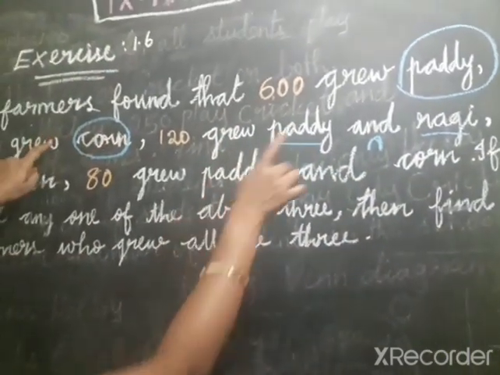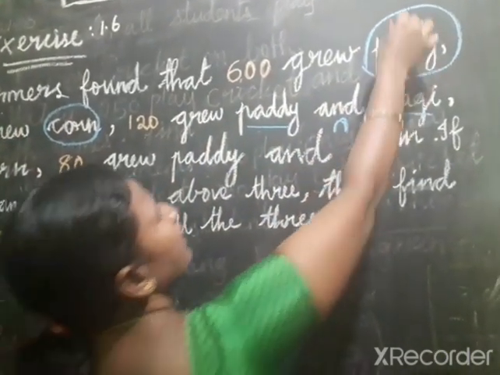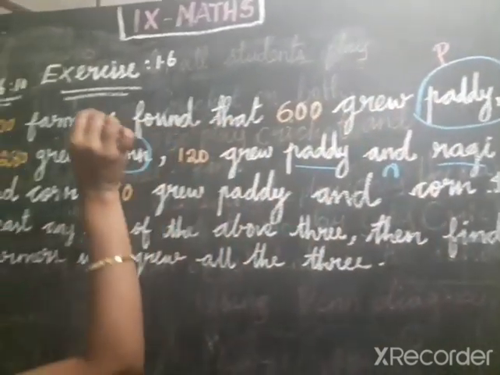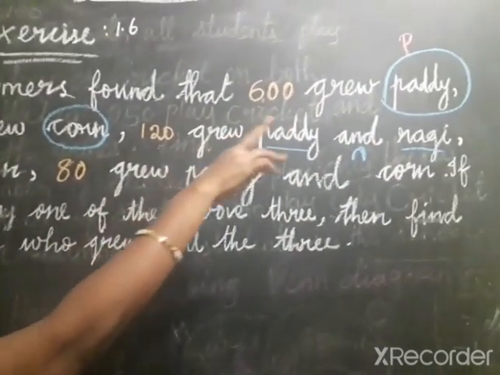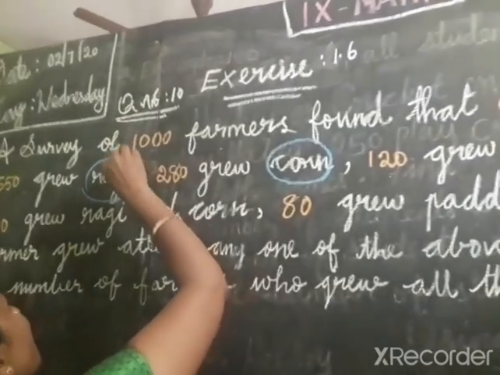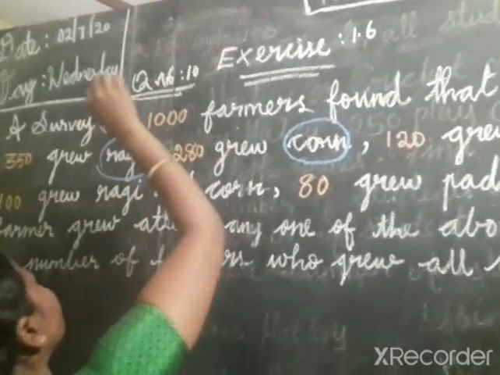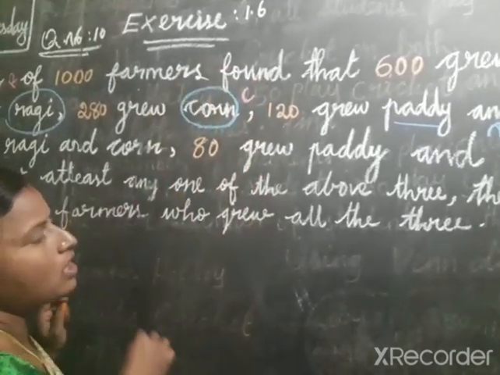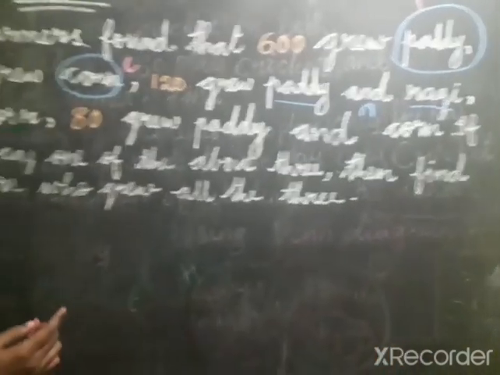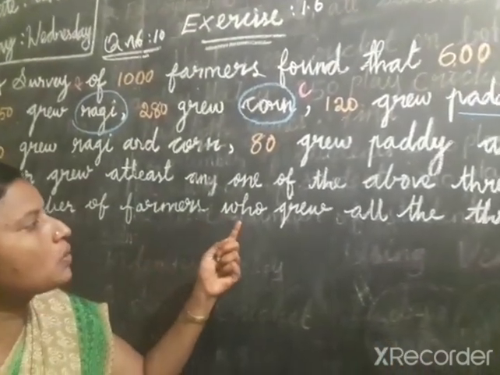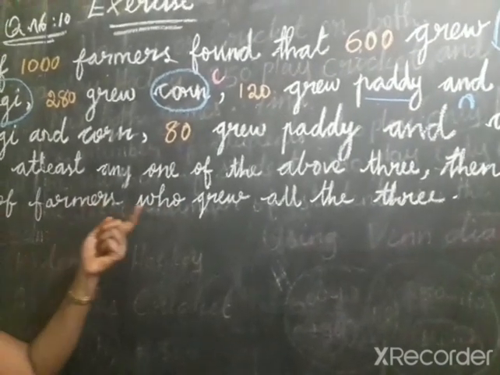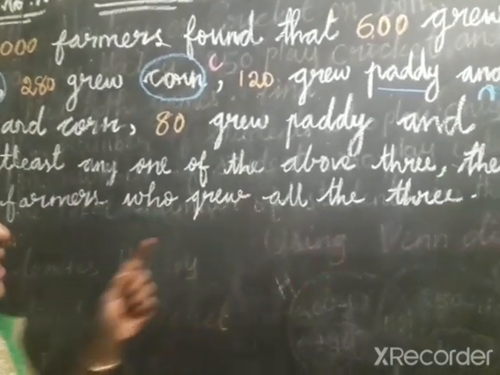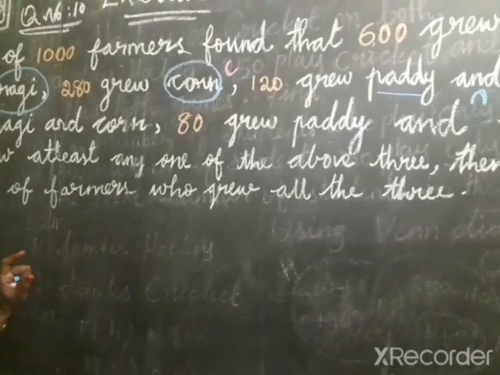Let P denote paddy, R denote ragi, and C denote corn. So find the number of farmers who grew all the three.